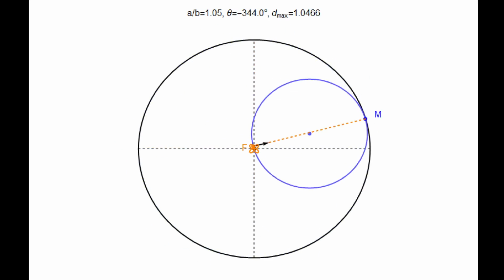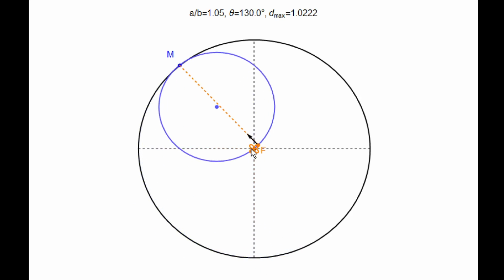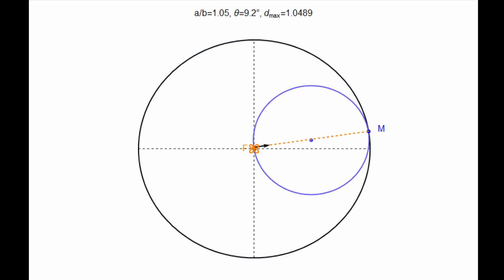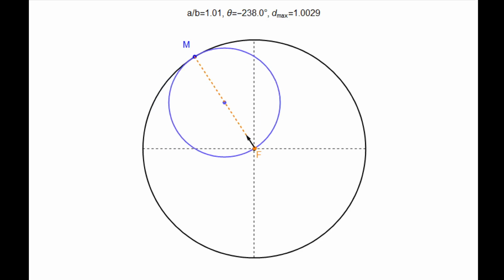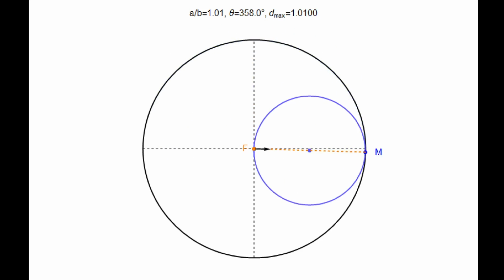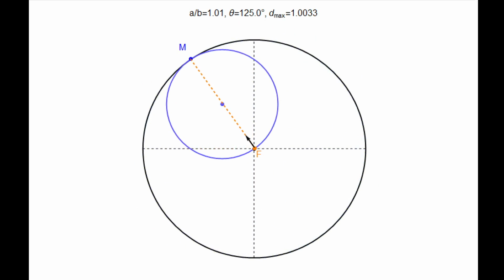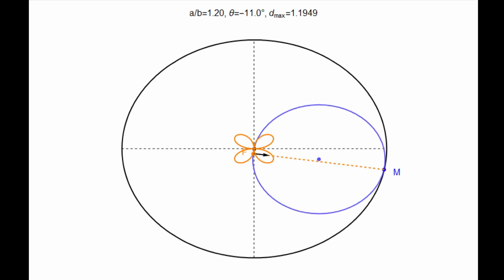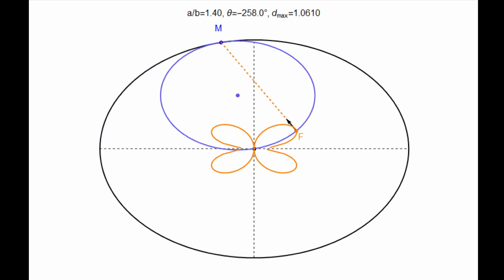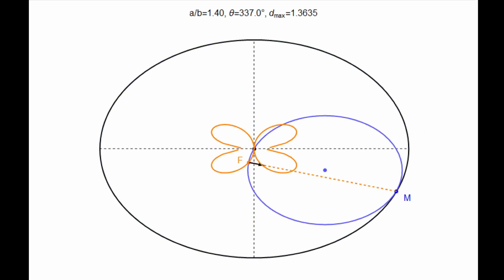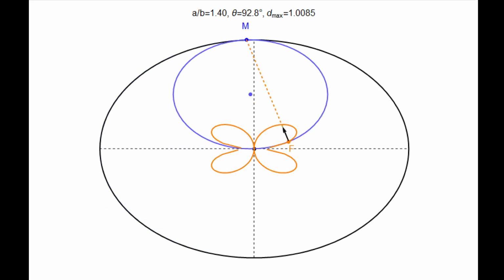Now this tiny 4-leaf clover, and of course at the perfectly circular configuration, let's go to 1.01, I end up getting that the furthest point F is basically diametrically opposed to M. Okay, so going back to 1.1, 1.2, 1.3, 1.4, somewhere around which the transition occurs. I'm still at a continuous situation here.